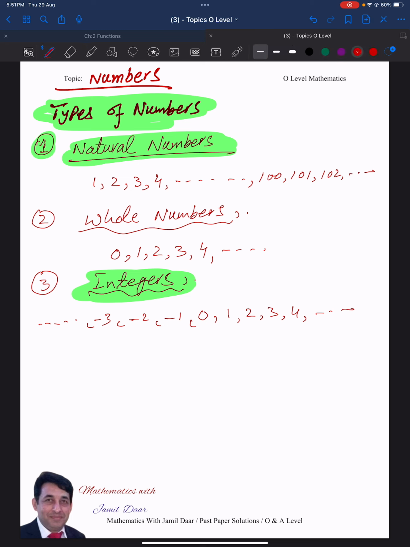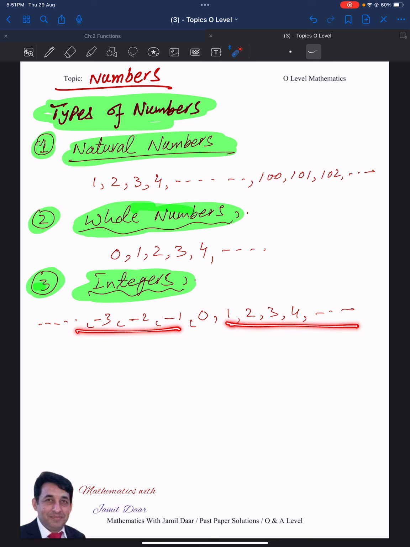Next are the whole numbers: the natural numbers including 0, in which 0 is also included. Next, third is integers. What are the integers? Integers are the negative natural numbers, positive natural numbers, and 0.